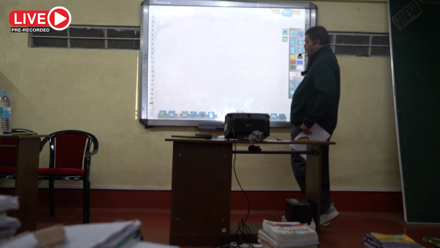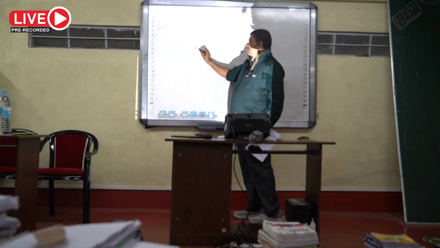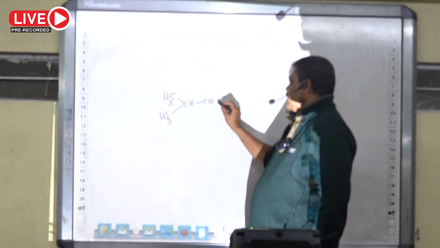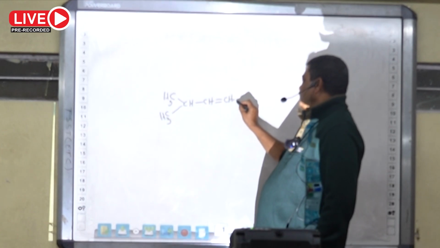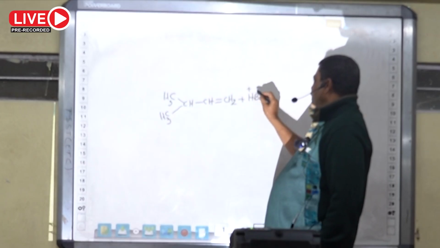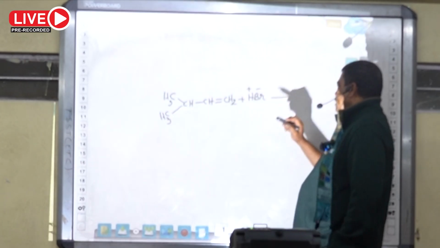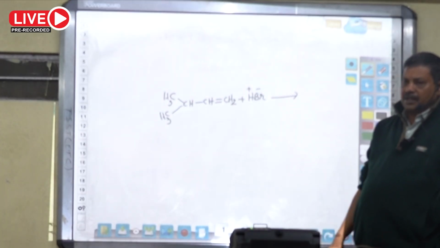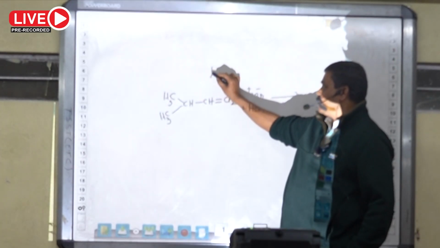So we will take the same example. CH3 twice, CH=CH2. I am adding HBr, H plus Br minus. I am not using any peroxide. Without peroxide, it follows what rule?